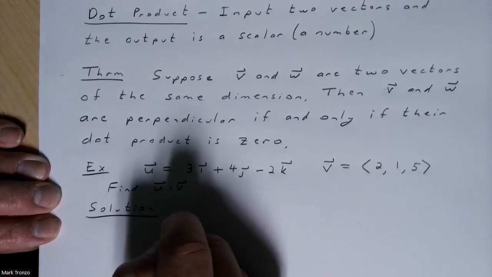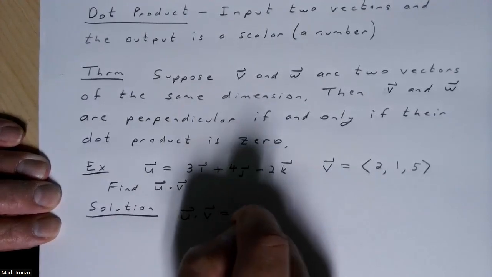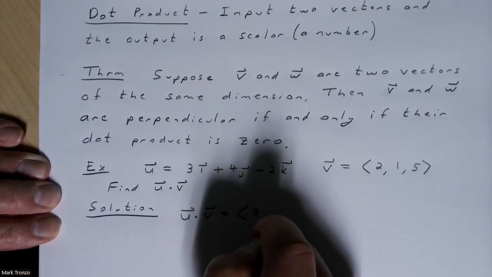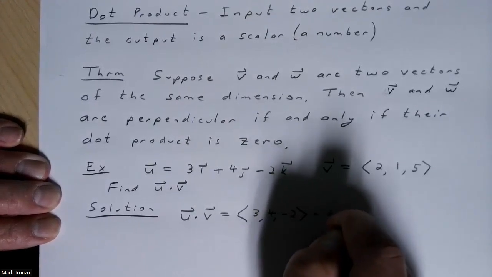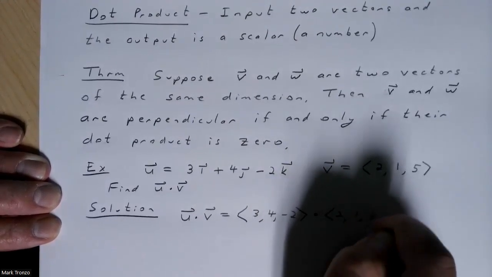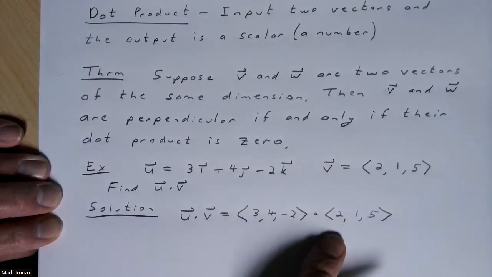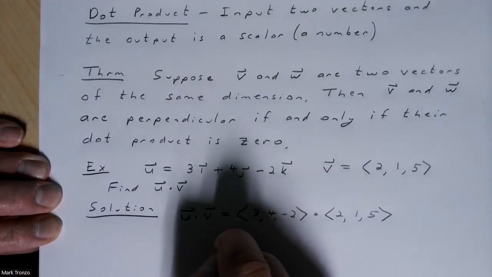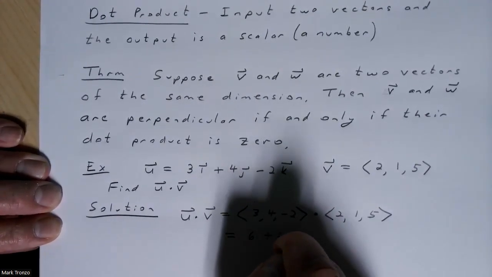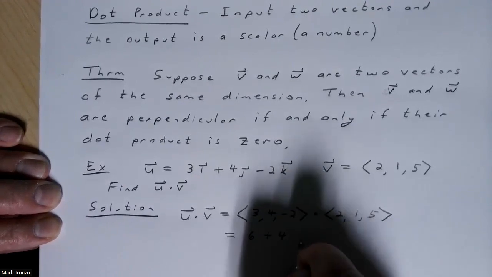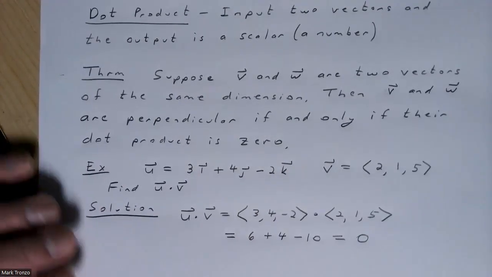Let's go ahead and do that. Now you don't have to write out all the details every time like I'm doing. I'm just doing this to be sure that everyone understands. So let's do this once again. 3 times 2 is 6. 4 times 1 is 4. Negative 2 times 5 is negative 10. Looks like that's 0.